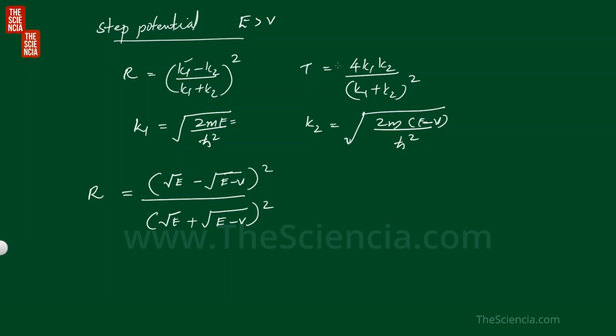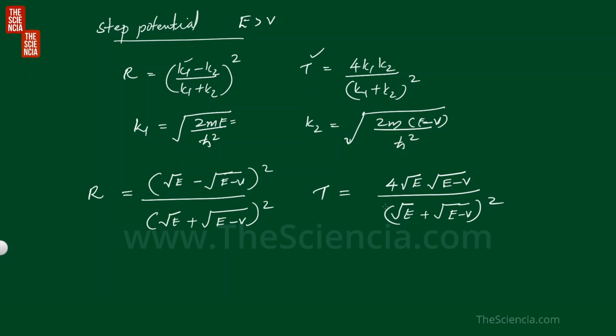And similarly, if you substitute this value of K1, K2 and K1 plus K2, you will get the transmission coefficient T in terms of energy, that is 4 root E into root E minus V by root E plus root E minus V, all square.